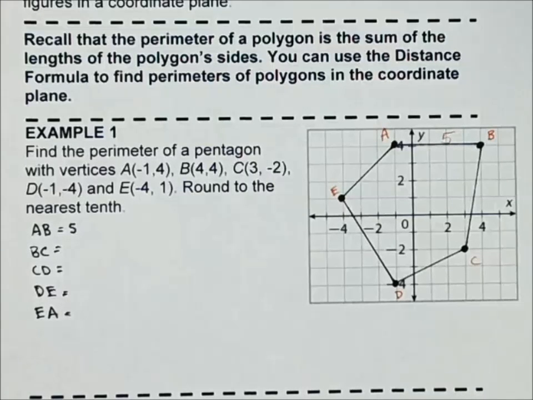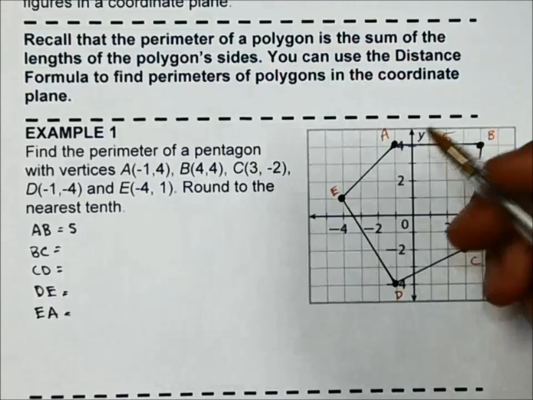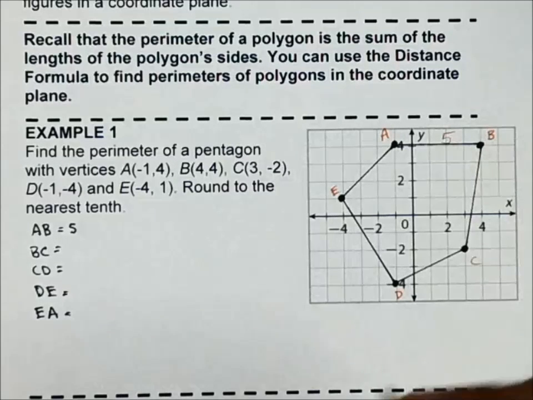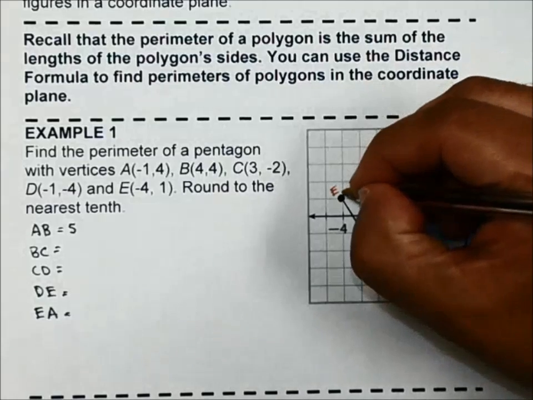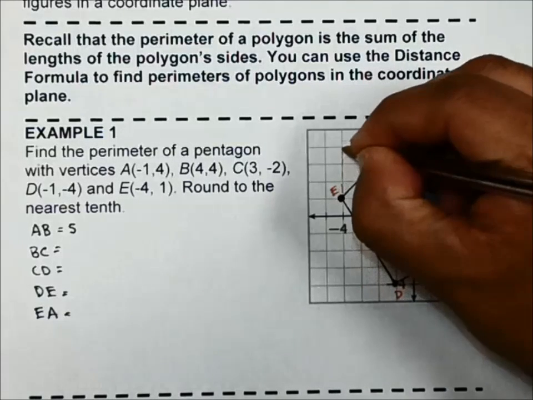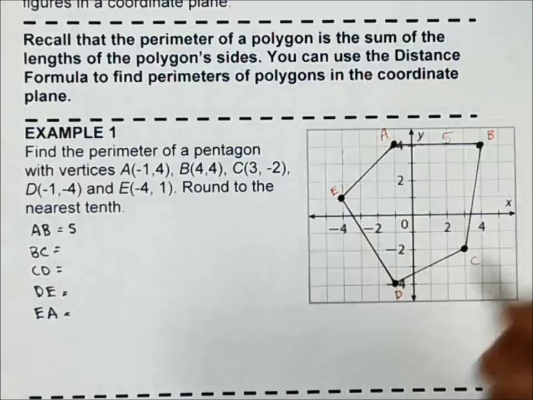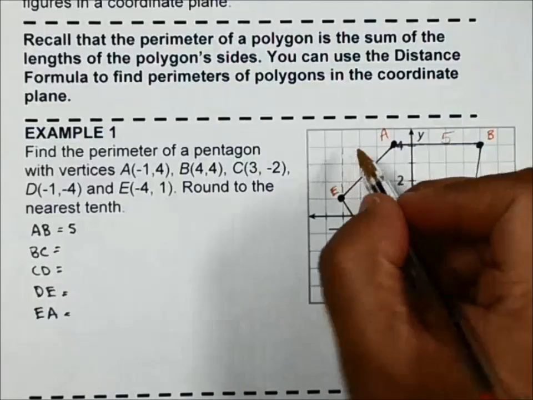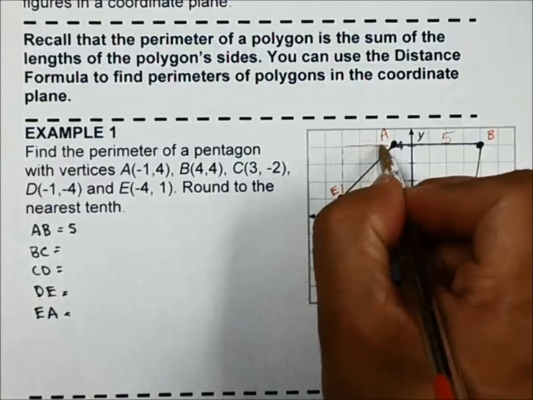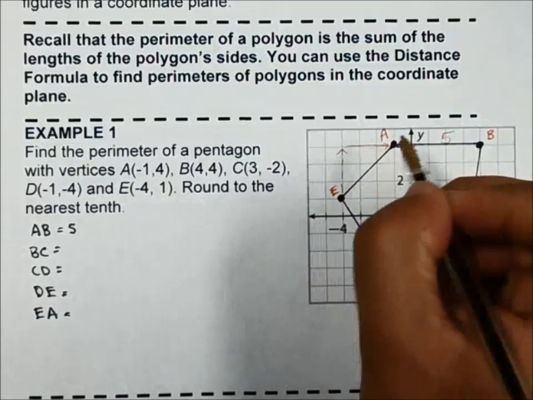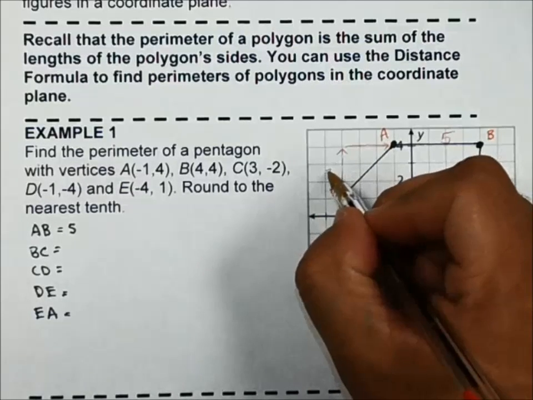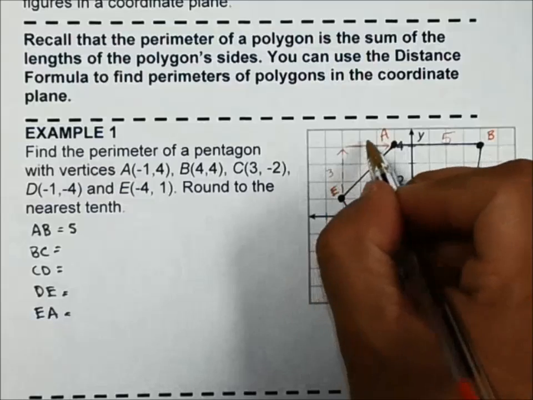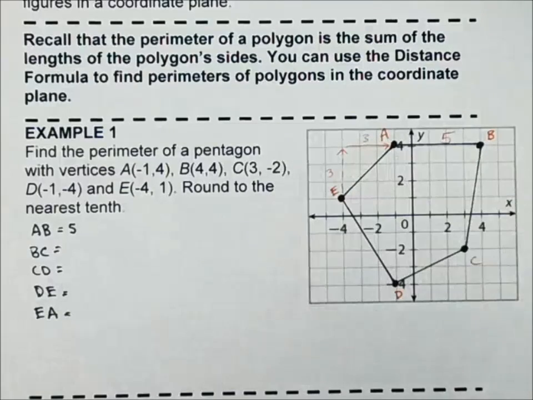We can use the distance formula, but I'm going to use the Pythagorean theorem to do this. So I'm going to count how many units I go up from E to A. I would go 3 units this way and 3 units towards the right.